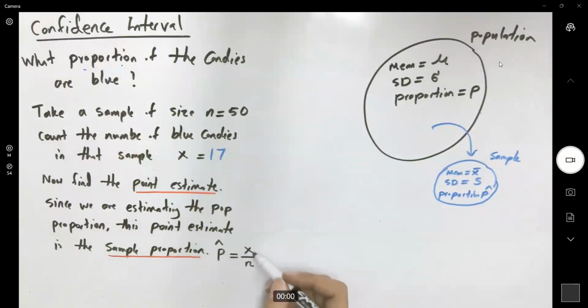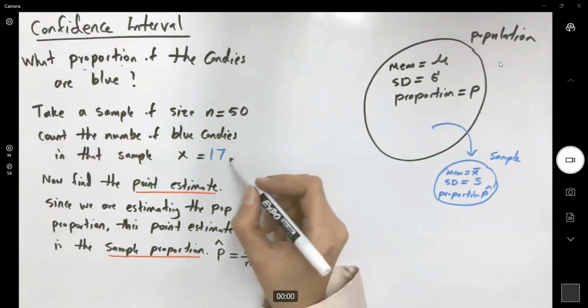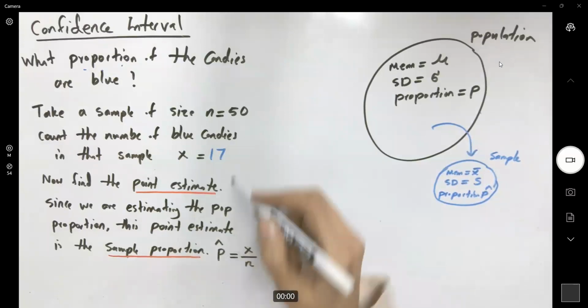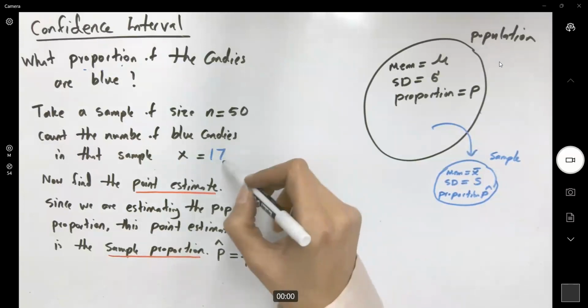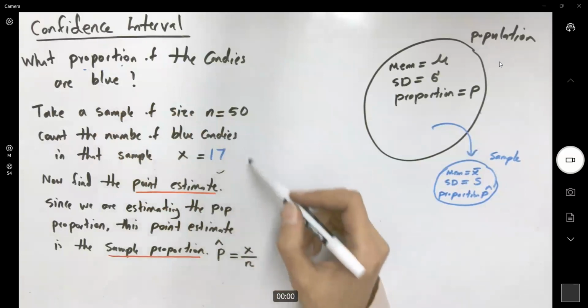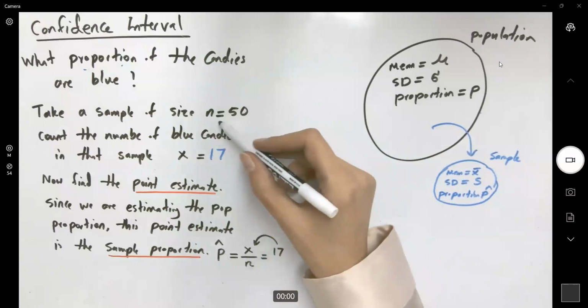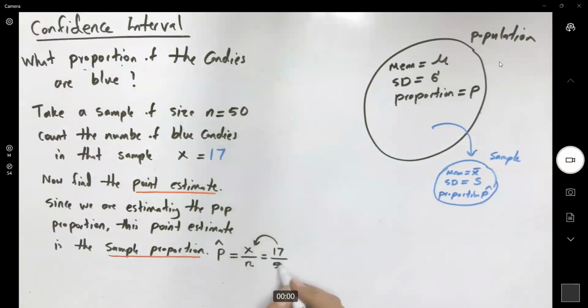What is X? X is what we are looking for, the successes in our experiment. We're looking for blue candies, so the success is how many blue candies we have. So 17 is your X. Well, what about N? N is the sample size, which is 50.